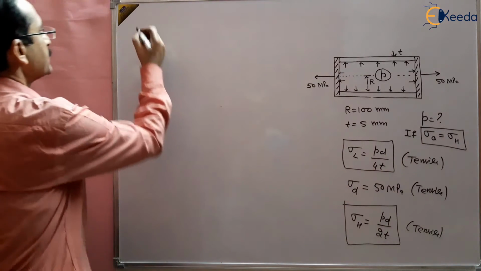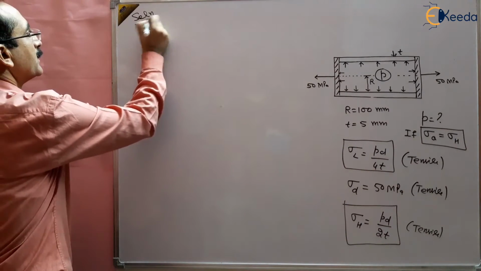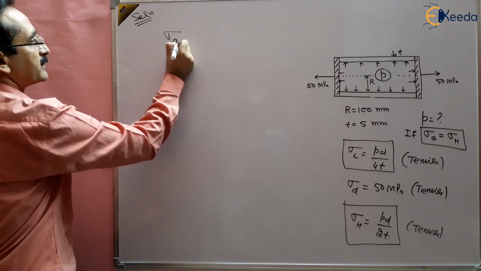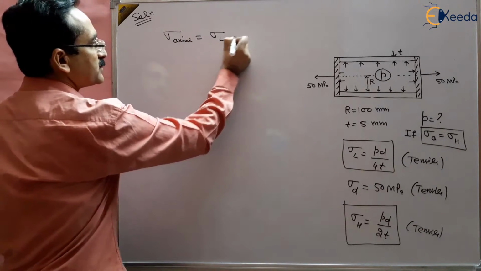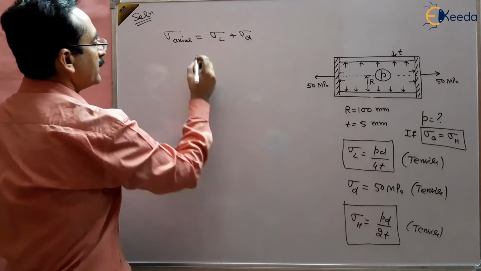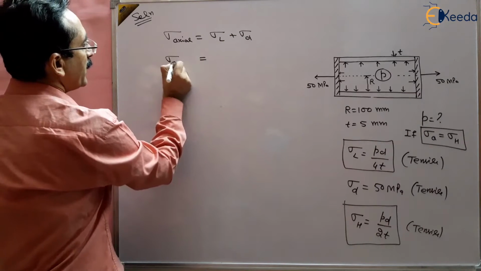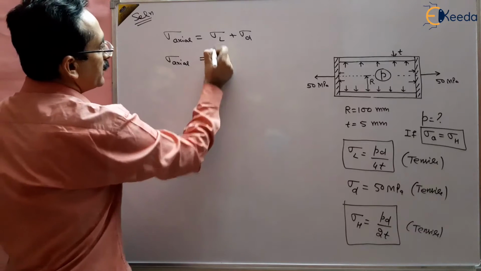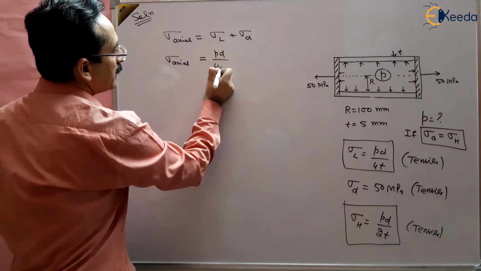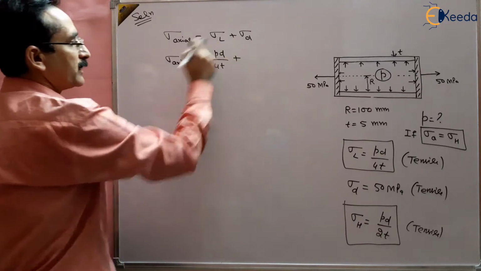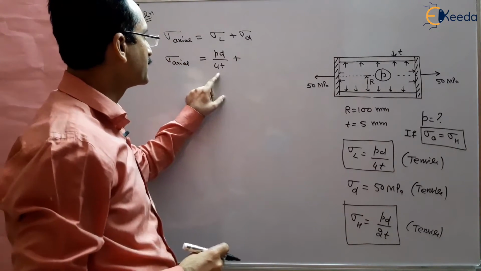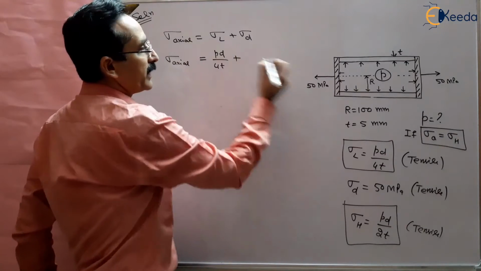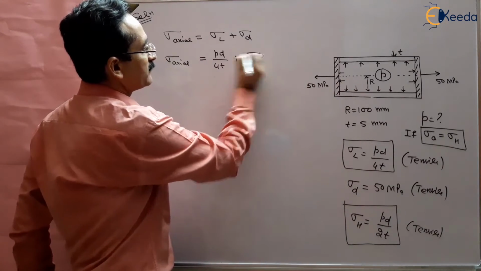So what is sigma axial? In the solution, the stress in the axial direction will be equal to the longitudinal stress plus the direct stress applied. So sigma axial equals PD by 4t plus 50 megapascal. You should know the formula, otherwise go to the chapter of thin cylinders and check there. The direct stress is applied directly, that is 50 megapascal.